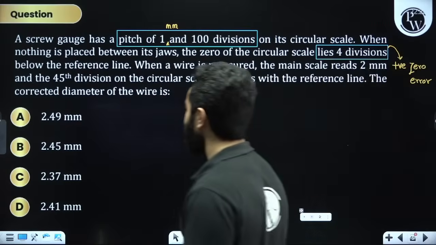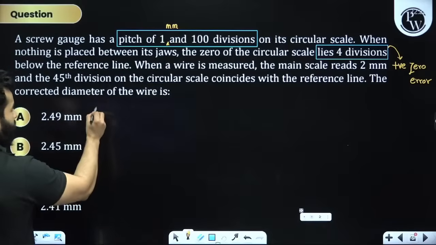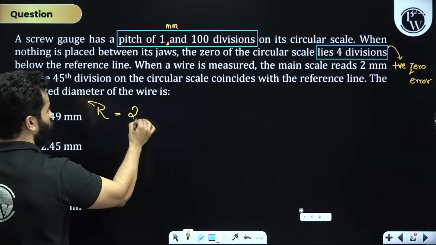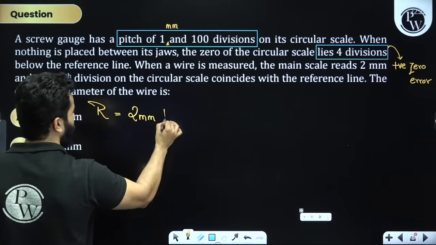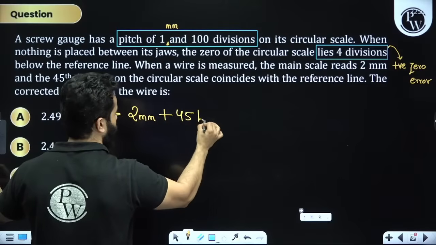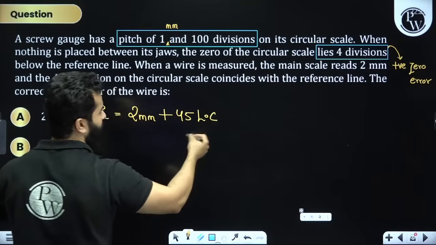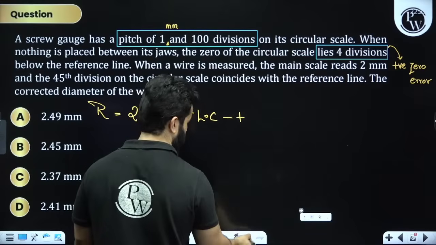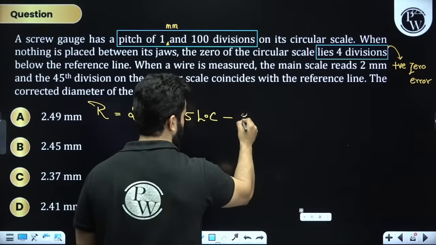So finally the reading is: the main scale reads 2 millimeter plus 45th division, so 45 multiplied by least count, and then minus the positive zero error. I am simply going to write down error over here.